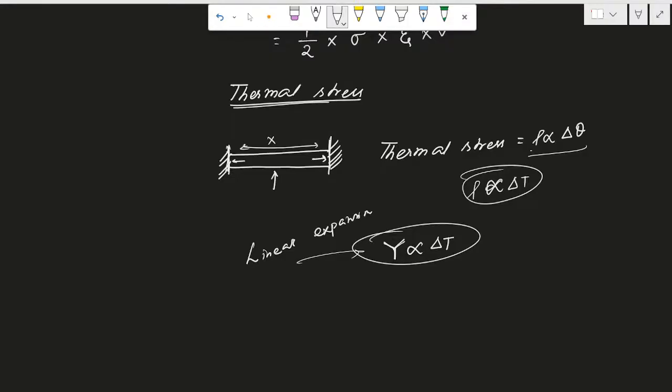And this L alpha delta theta is actually the thermal loading, because it is the thermal load. Now load is nothing but force.